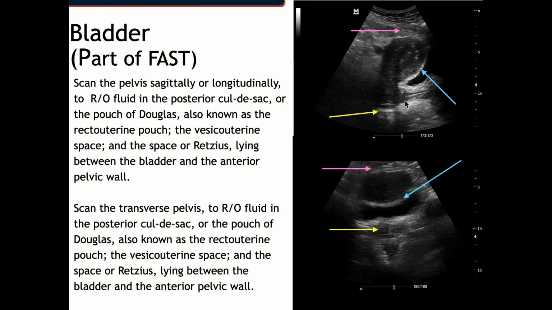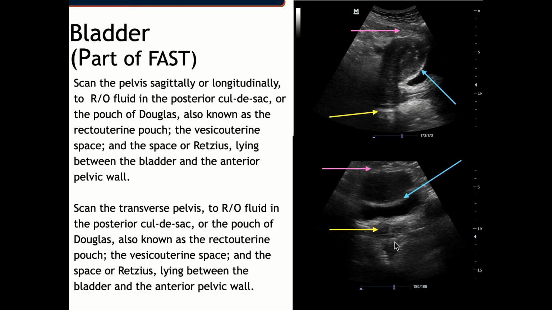That's where fluid is going to go first because fluid is going to settle dependently. So you want to make sure that you're deep to either uterus or prostate so that you can see the posterior cul-de-sac. That's at the yellow arrow.